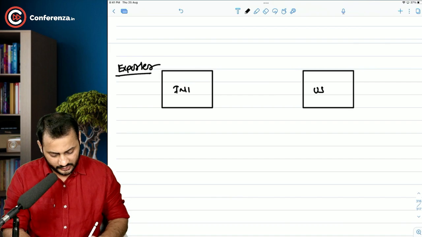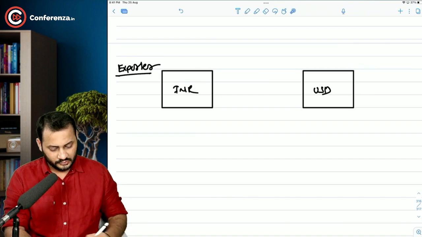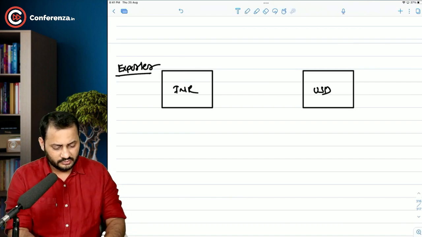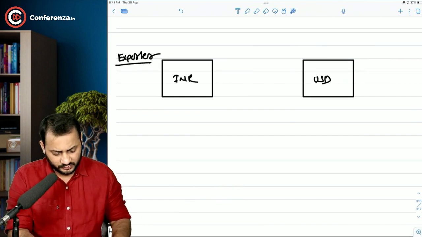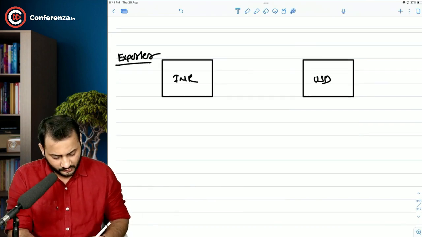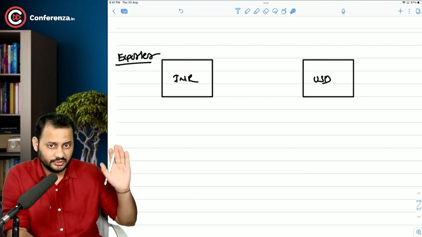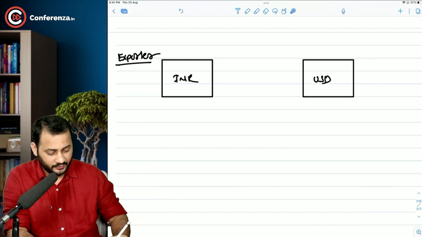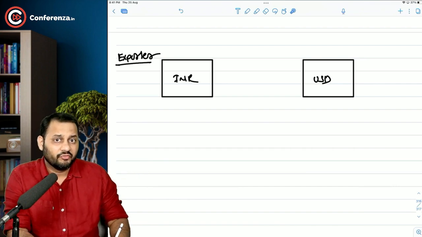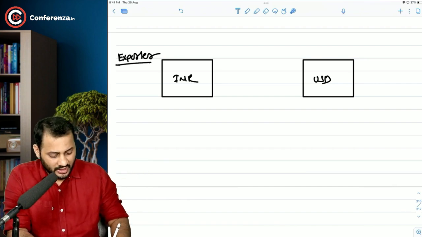INR, USD, and the amount is worth, let's say for example, 1 lakh dollars. Just look at it from the exporter's angle. After 6 months, we will receive $1 lakh.